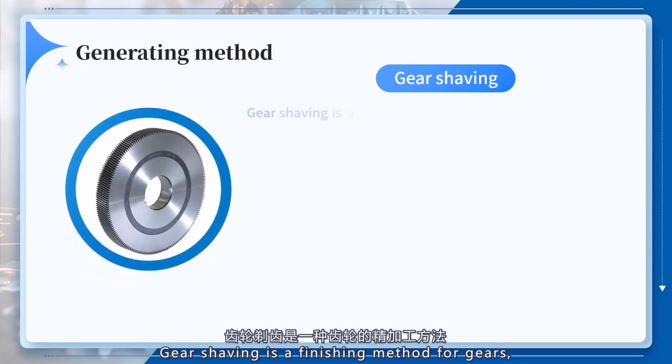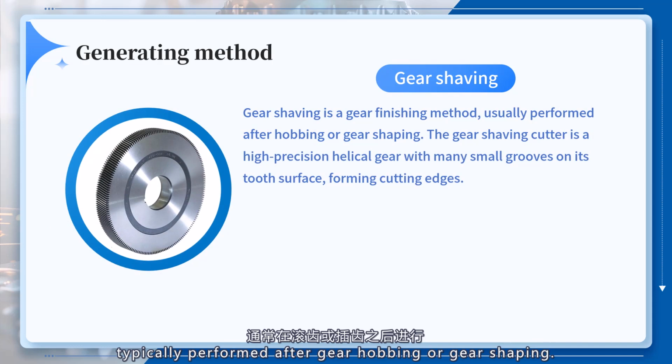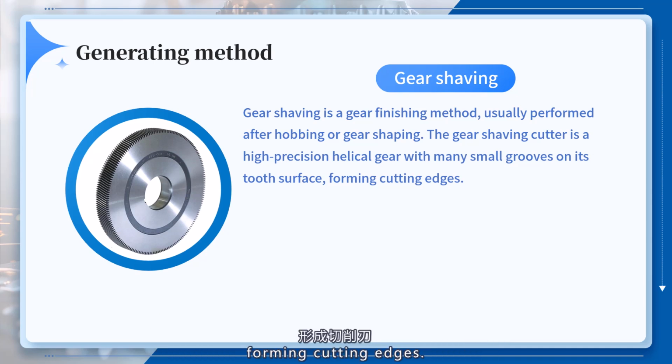Gear shaving is a finishing method for gears, typically performed after gear hobbing or gear shaping. The shaving cutter is a high-precision helical gear with many small grooves on its tooth surface, forming cutting edges.